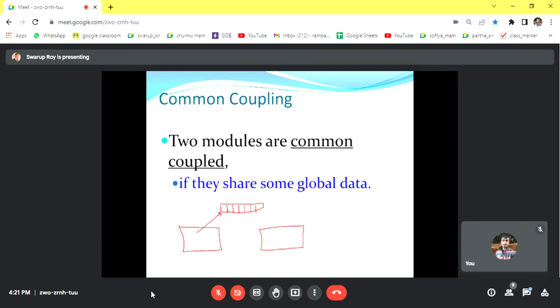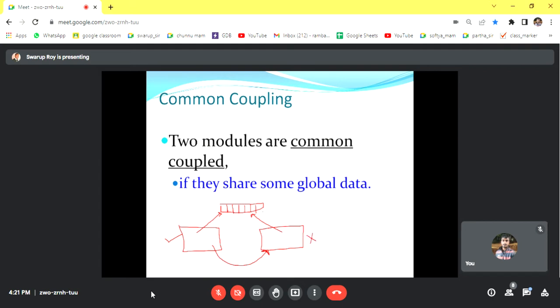Both the functions from both the modules are accessing that particular common array. That way, they are connected with each other or dependent on each other, because both of them are accessing the data. This is very important, because say this particular module is updating at the same time; then this other module cannot access it.